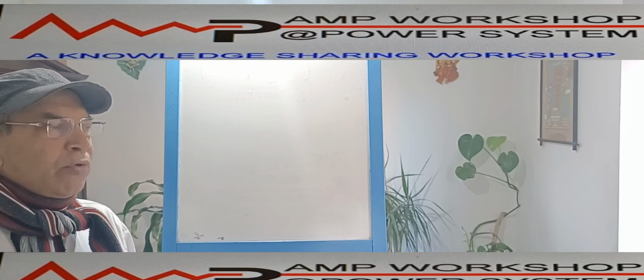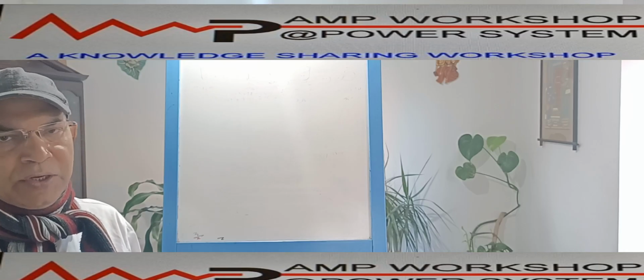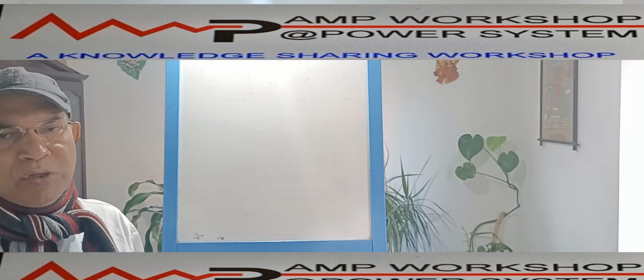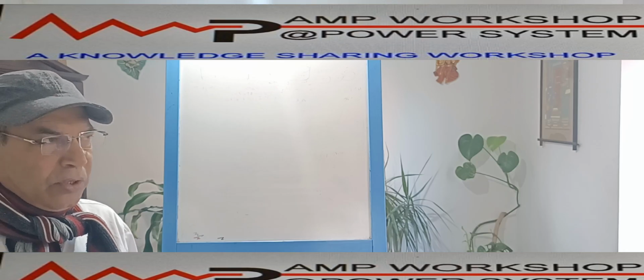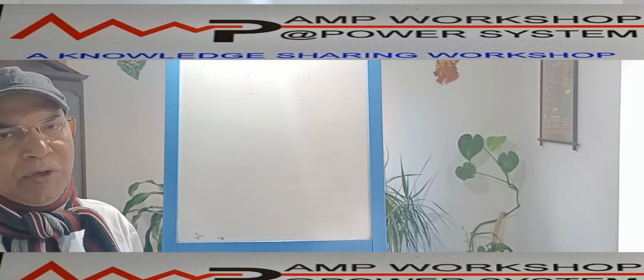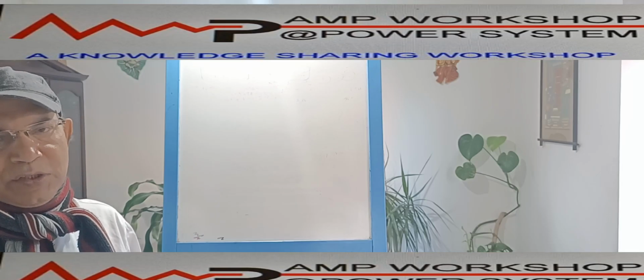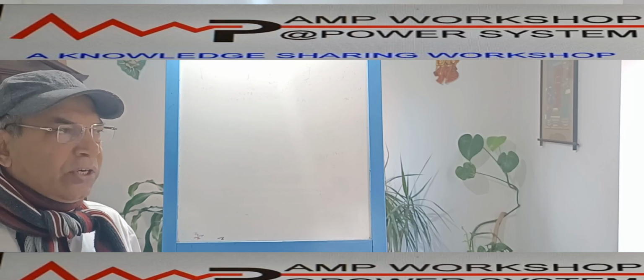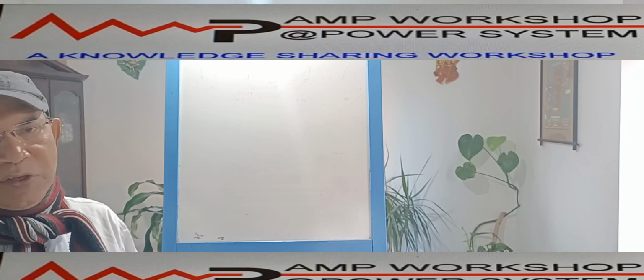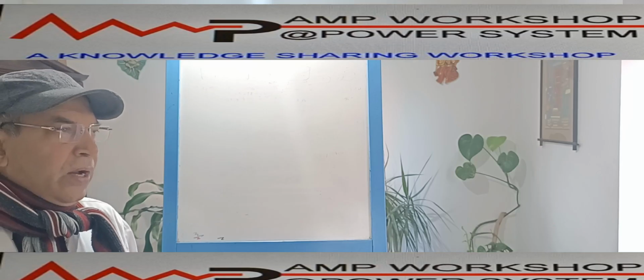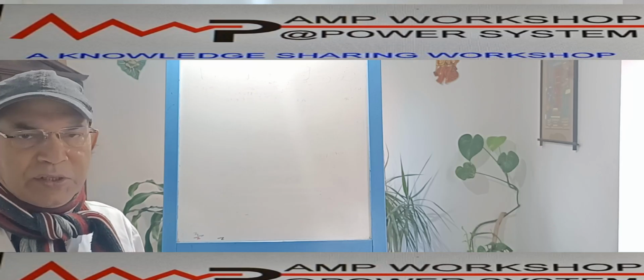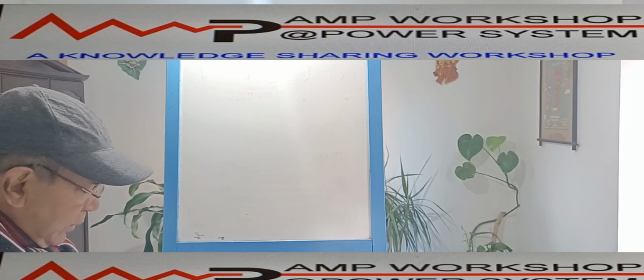One type is the controlled rectifier, another is the uncontrolled rectifier. Mostly the uncontrolled rectifier is what we learned in class 12 or the first year of engineering, and controlled rectifiers maybe only at the engineering stage. So let's discuss both options in detail.